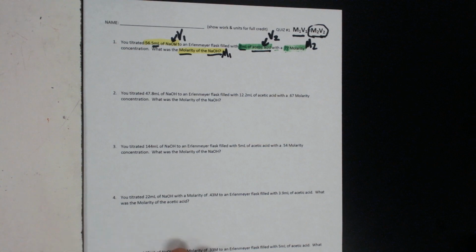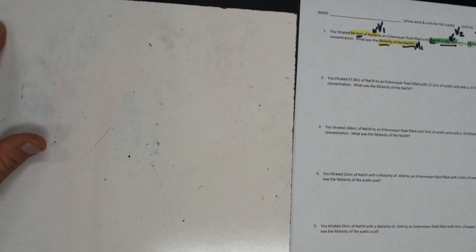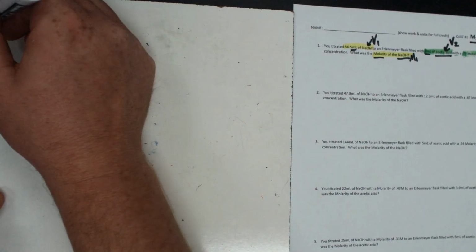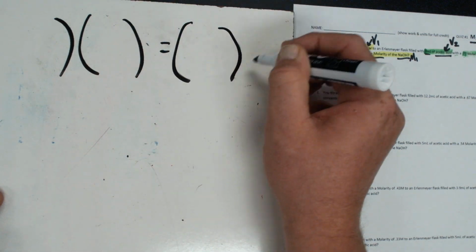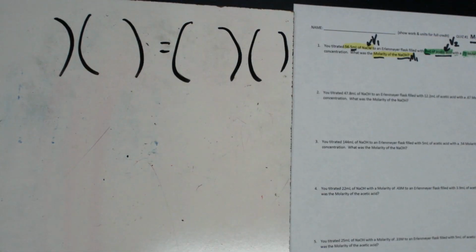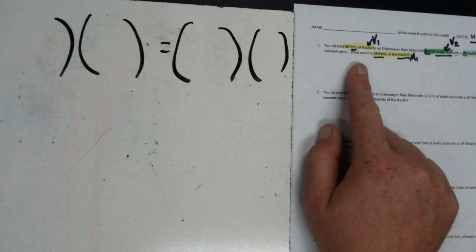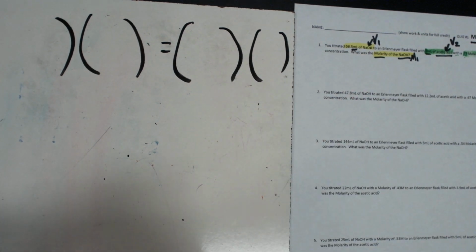So now I'm just going to slide over a little bit and pop this into my formula. There are 4 spots in the formula. We got a spot for M1, V1, M2, V2. So I'm going to do my M1 and V1.